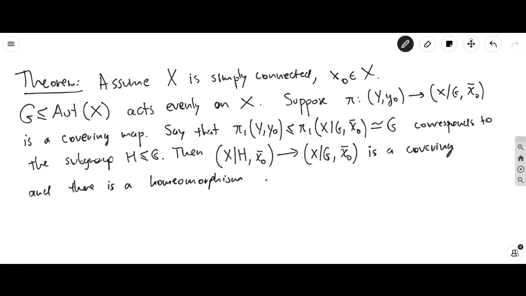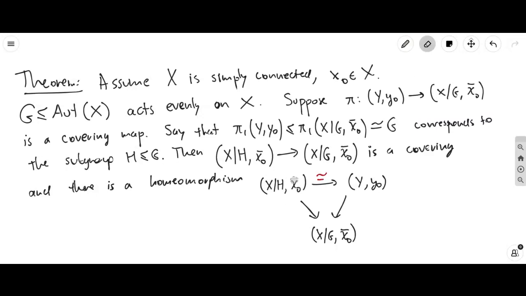So there's a homeomorphism from this cover to the Y cover that makes this diagram commute. When you have this homeomorphism, what it basically says is this covering is essentially the exact same thing as that covering. And so you do not have any new coverings. All of the coverings are determined by the subgroups of the automorphism group.